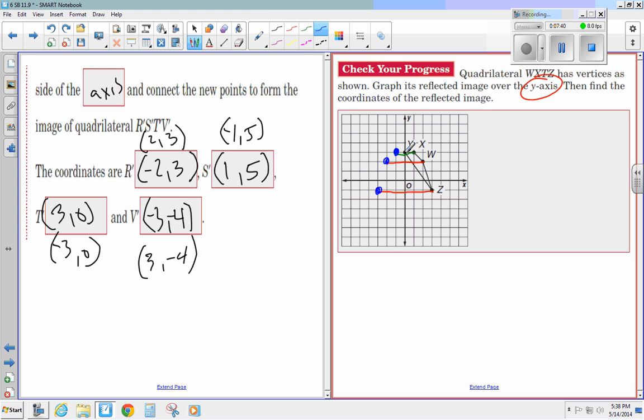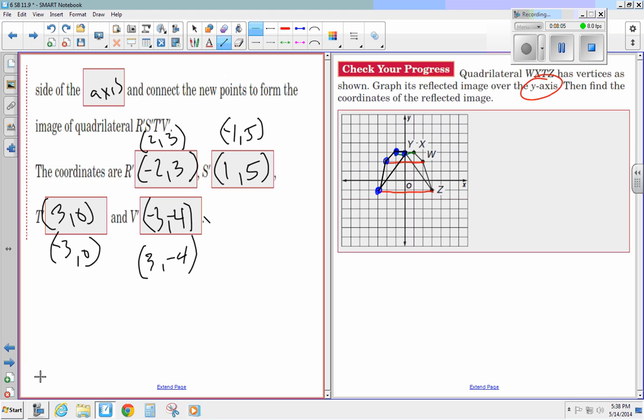And this is right on the axis, so it stays put. And your reflection should look just like it, except over on the other side of the axis.